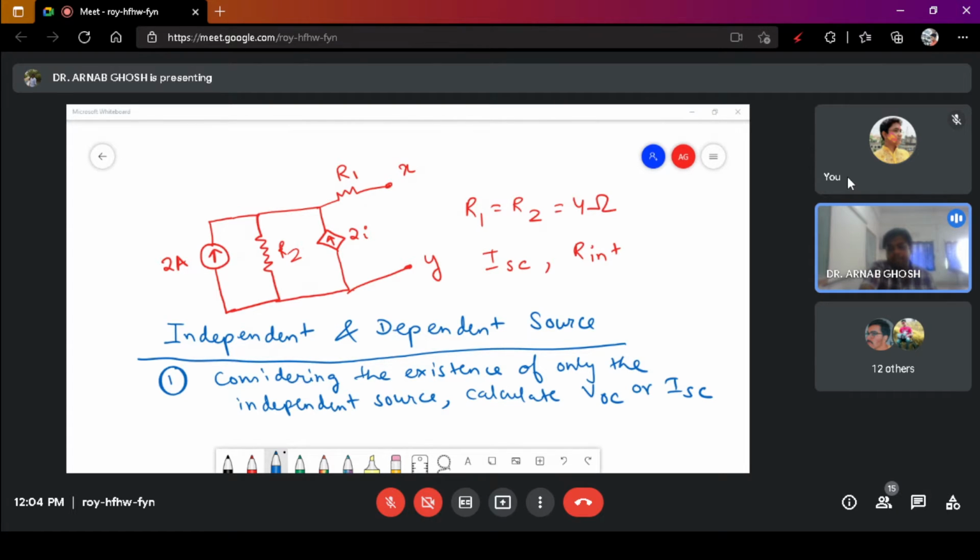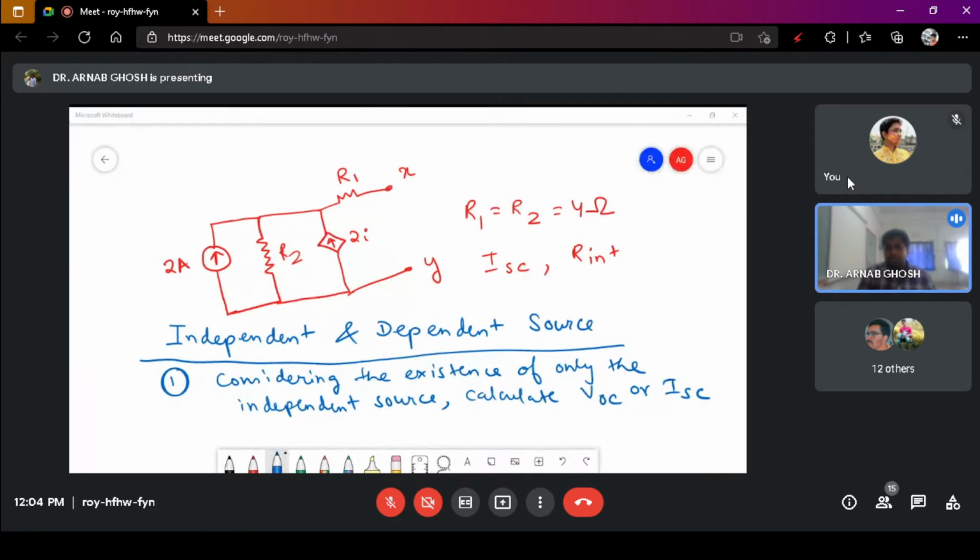If you are using Thevenin's, it will be VOC. If you are doing Norton, you have to calculate ISC.